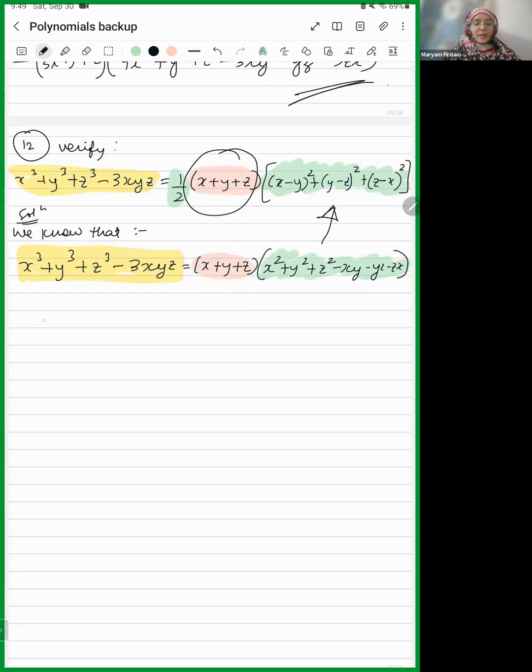What we can do is, see, the only difference is in the green portion. So what we can do is, we can say, see, what is x minus y whole square? We know this identity. We know it very well. What is x minus y whole square?